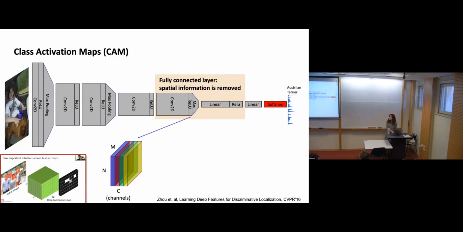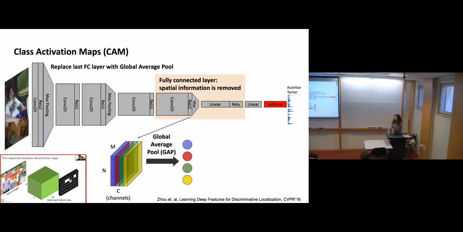What they suggested is to average pool each one of those channels separately, so now each feature map is reduced to a single number. And then that's it, the rest is the same. You apply a linear layer on these average pooled values to get your final classification result.